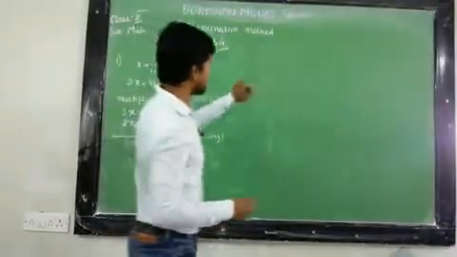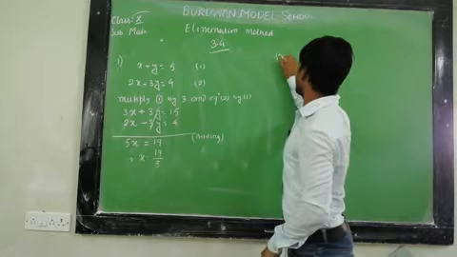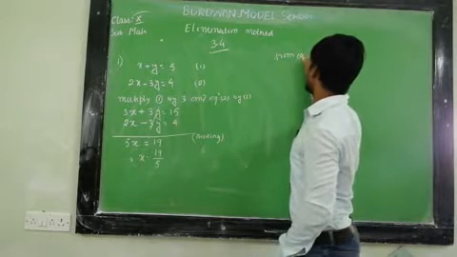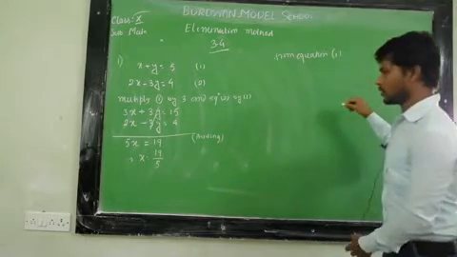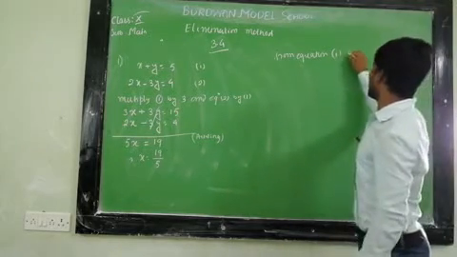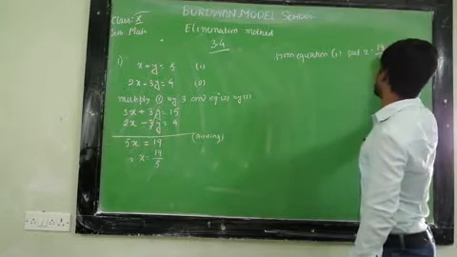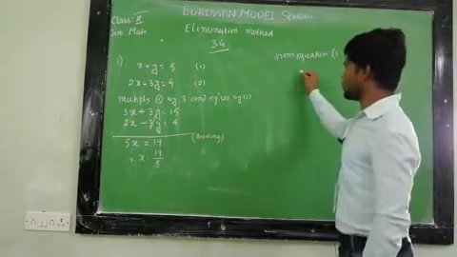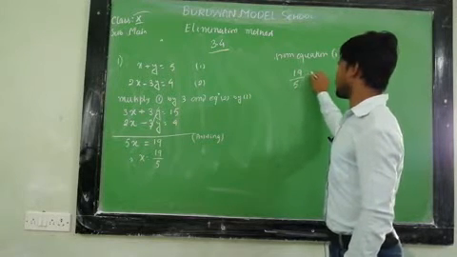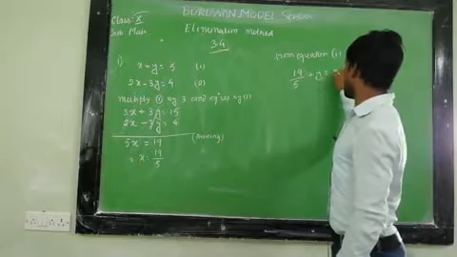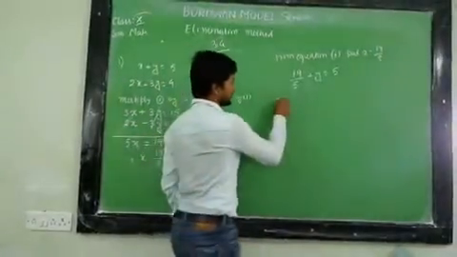So from equation number 1, by substitution, put x equal to 19 by 5. We have x, which is 19 by 5, plus y is equal to 5, which is a simple equation and you can easily solve it.